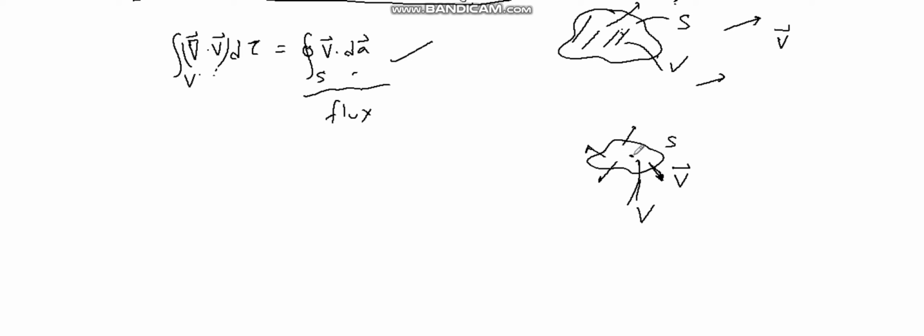So there must be some source or sink which has the capacity to produce the diverging vector field. And we will try to prove it.